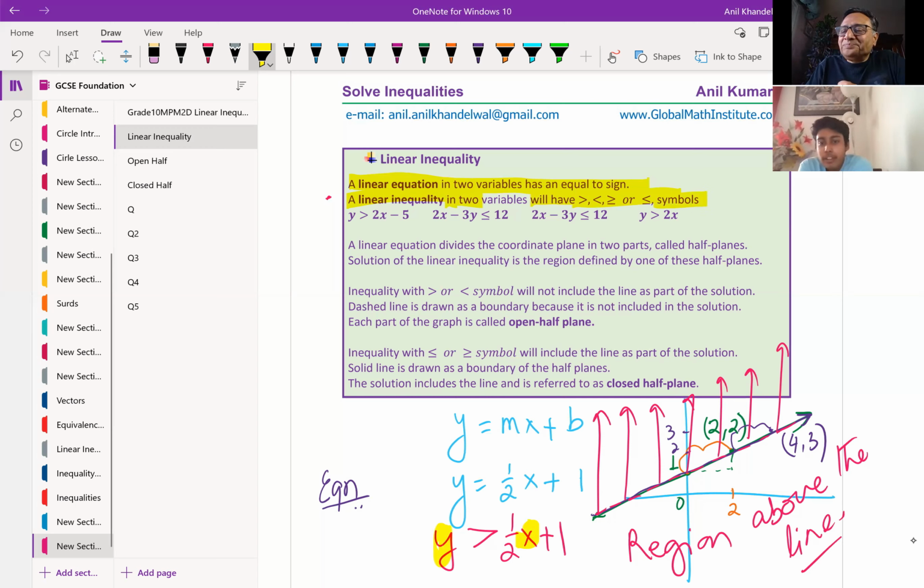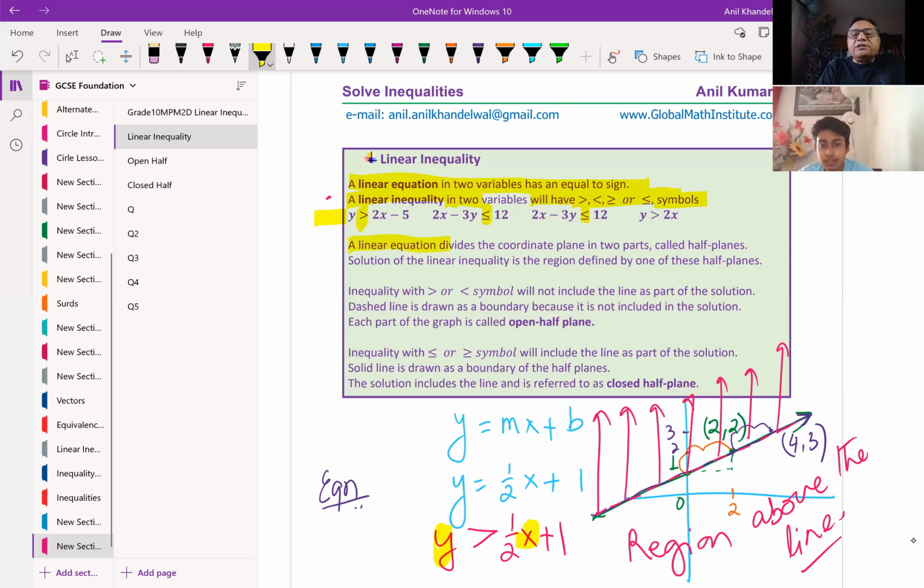Is that clear to you? Yes, sir. And the inequalities will be of one of these types, right? So we have x and y values, which could be greater than or equal to the other side. So we have 2 sides, left side and right side, and in between, we have the inequality sign. Is that clear? Yes, sir. So this is the inequality sign that makes it an inequality.